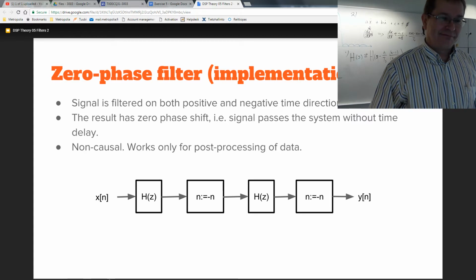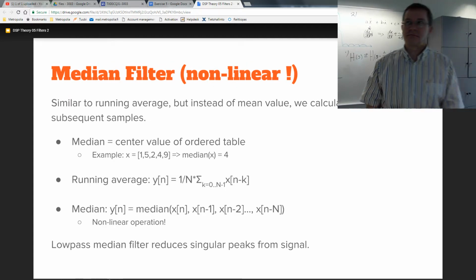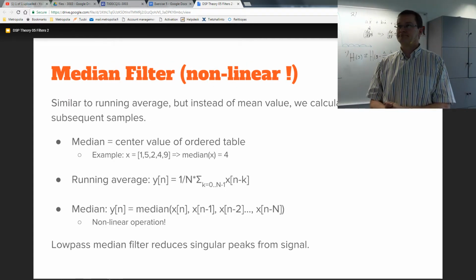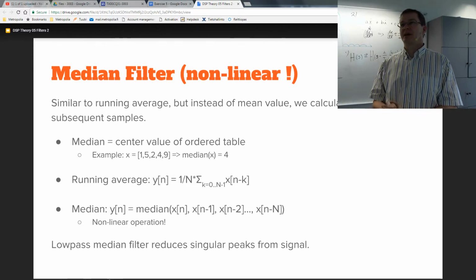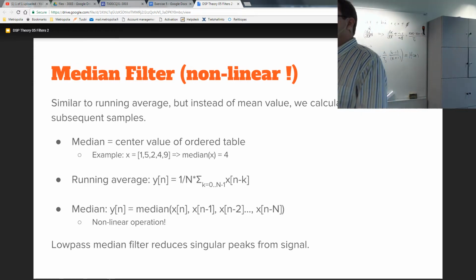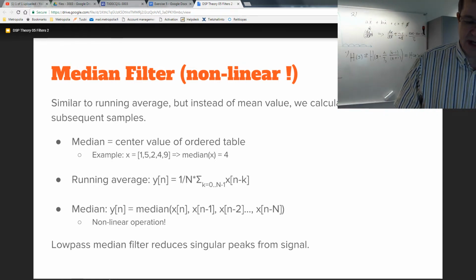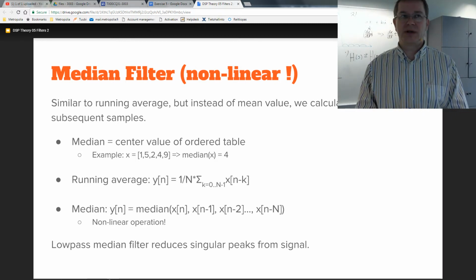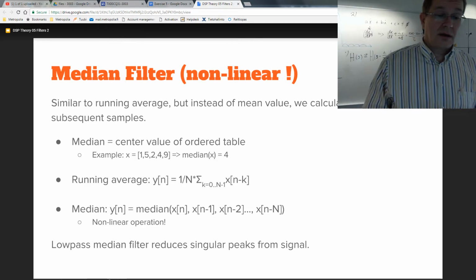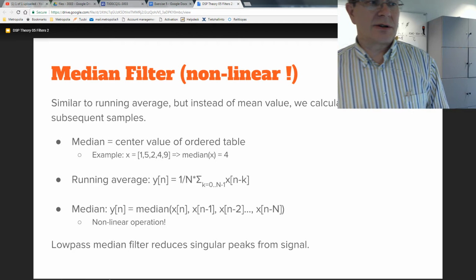Okay. But, yeah, for some reason, I also put some funny filters here. This is a kind of filter you can sometimes use even with, say, audio data. Median filter.